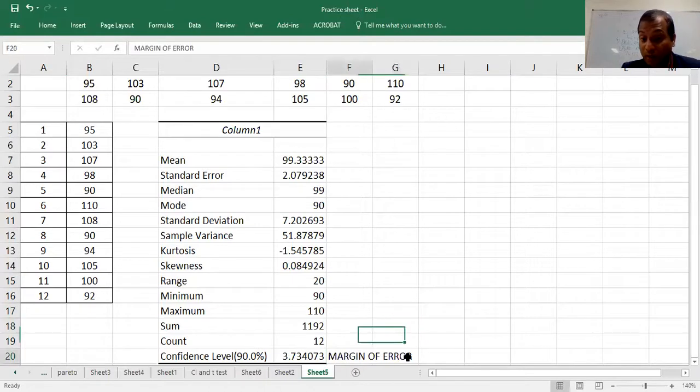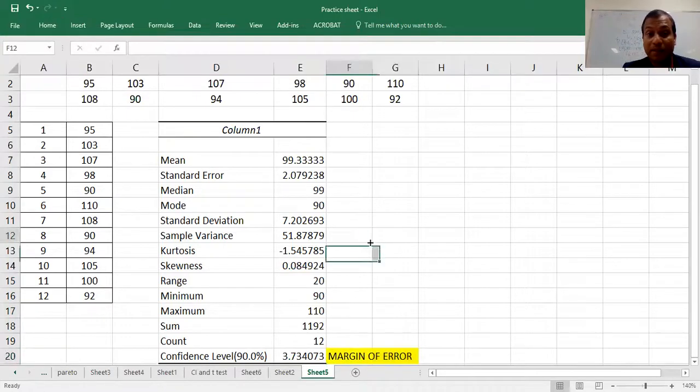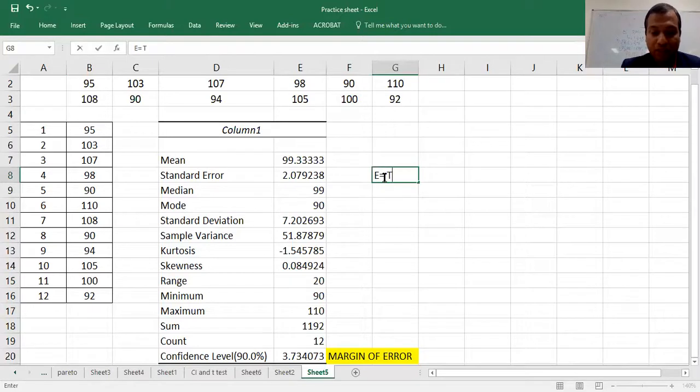Instead of reading it directly, you can also calculate it using the t-star, the margin of error E using the formula t alpha by 2 times s over root n. You will get the margin of error value as 3.73. Are you getting what I'm trying to say?